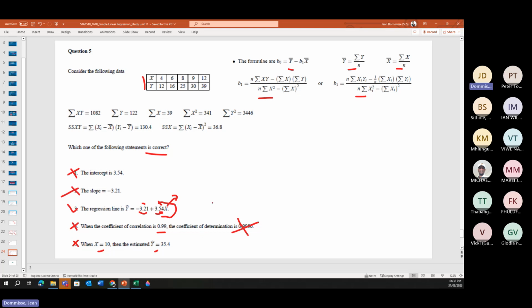So that would also be the one that is incorrect. Your correct answer would have been that straight line. So what we could have done, and let's quickly look at this formula to work out B1.